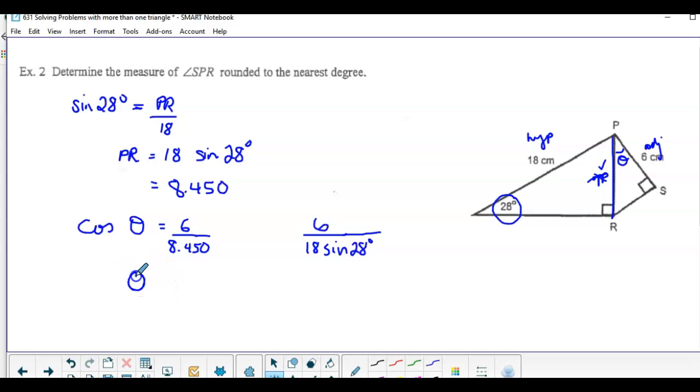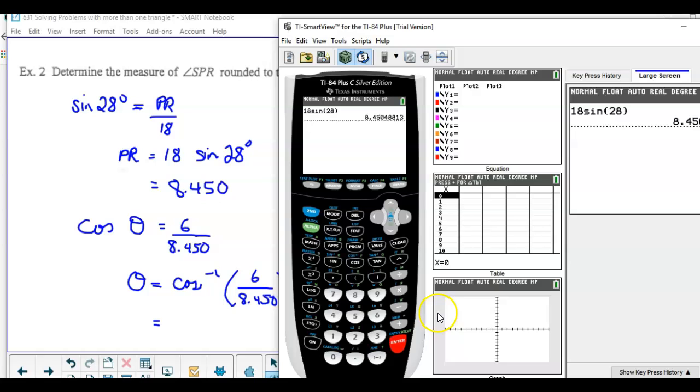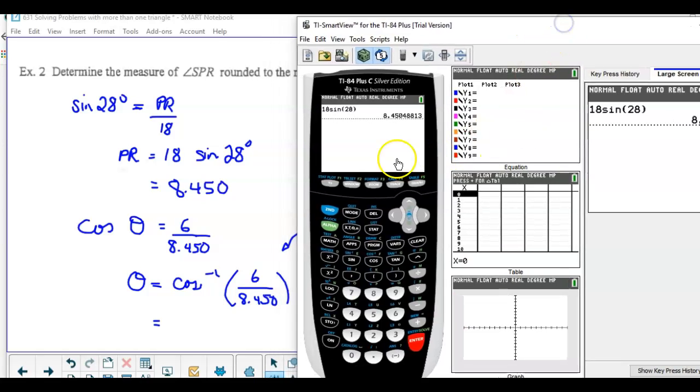And so then remember, to get an angle, you press the second key, so it's going to be cos inverse of 6 over 8.450, or that, okay? And so in your calculator, what's great is you already have the denominator there.